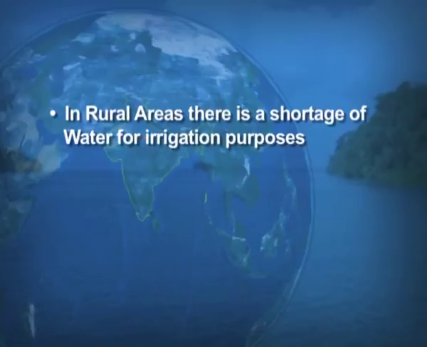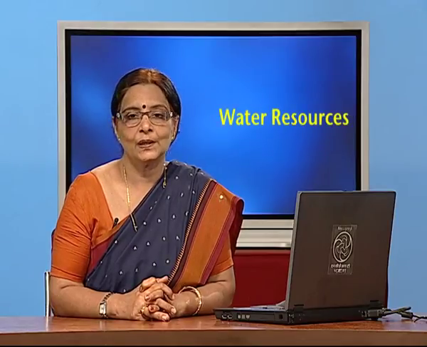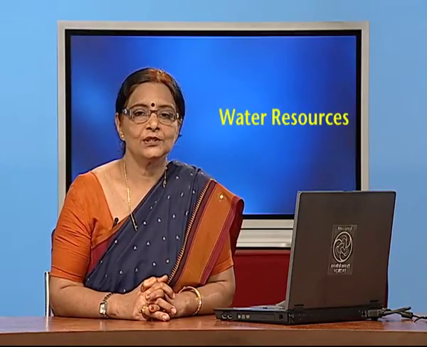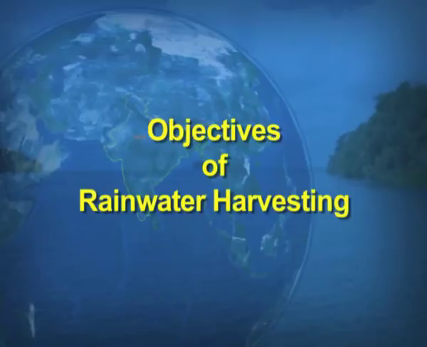In the rural areas, there is a shortage of water for irrigation purposes. And when we talk about the urban areas, there is a shortage of water for both domestic and industrial purposes.